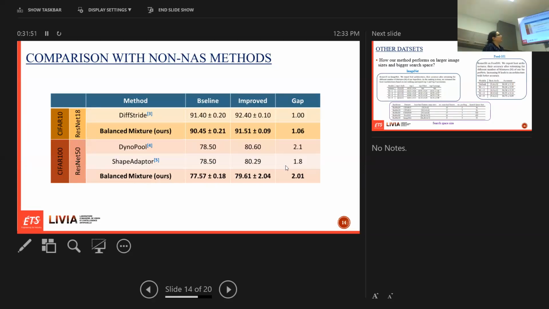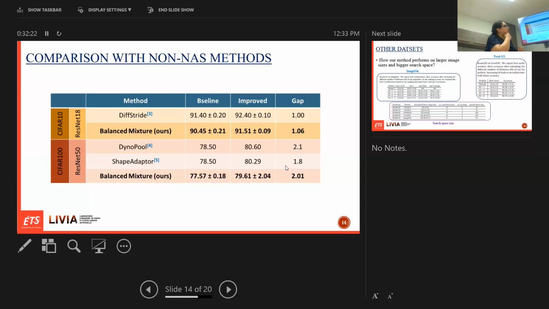We also did compare with non-NAS methods. So we did the ResNet 18 and ResNet 50 on CIFAR 10 and CIFAR 100. Because their baselines were different from ours, we calculated the gap between the baseline and the improved architecture found by this model.